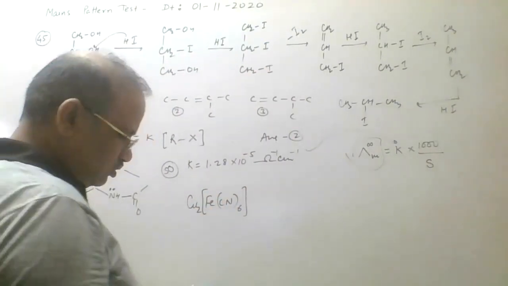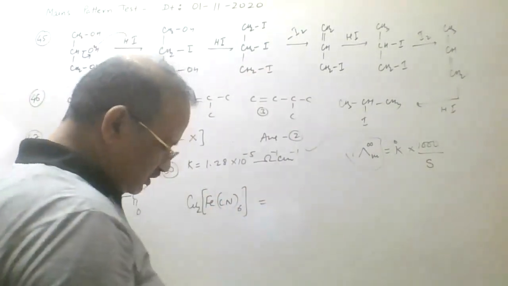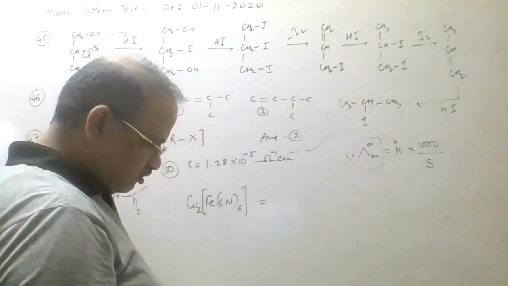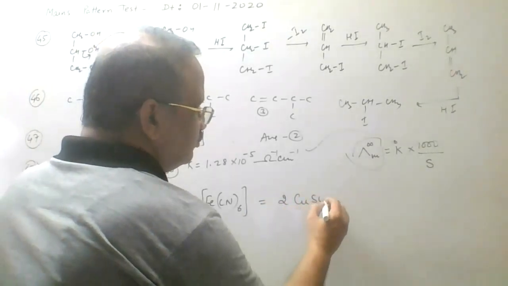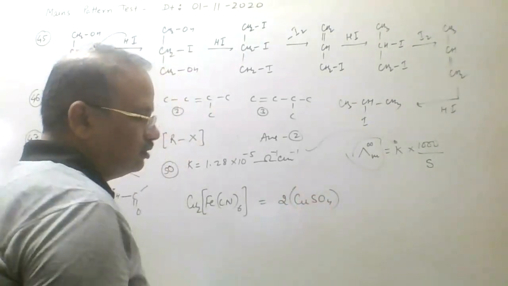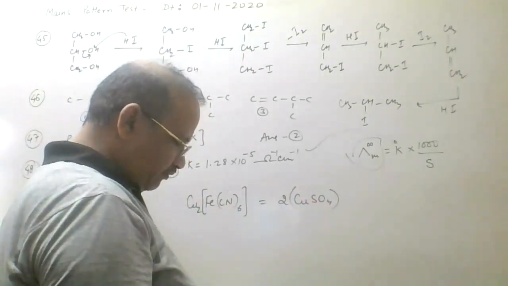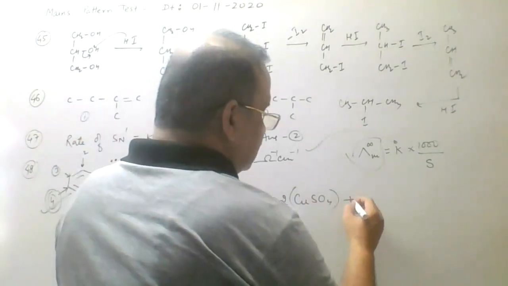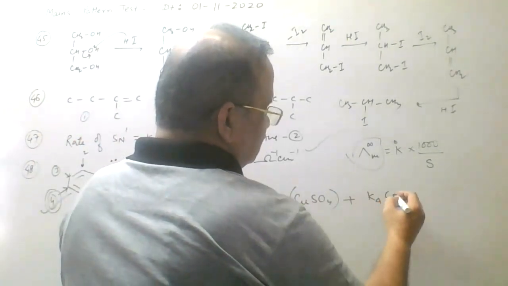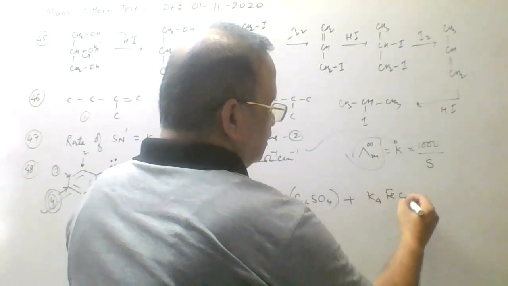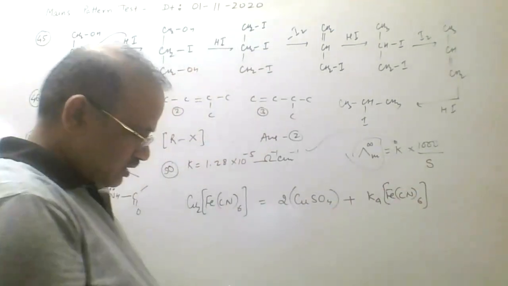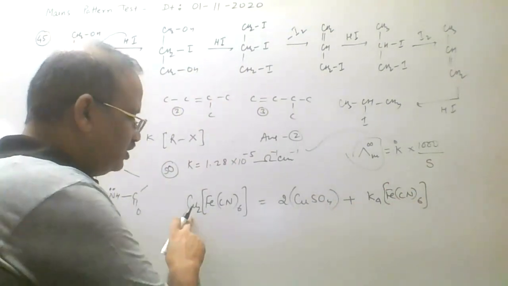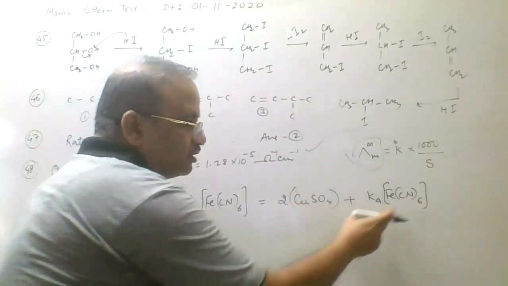We require the molar conductivity of this. So to calculate it, you are given the molar conductivity of copper. You require copper twice, so you can write twice of CuSO4. You require K4[Fe(CN)6], so you just add K4[Fe(CN)6]. These molar conductivities are given to us, but here copper is there, and this is there.